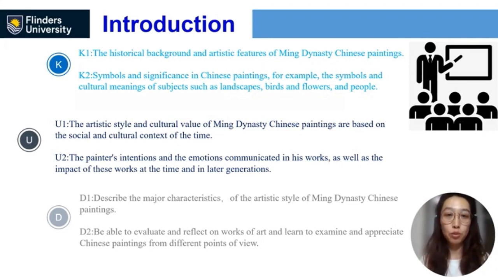The historical background and artist features of Ming Dynasty Chinese paintings. 2. Symbols and significance in Chinese paintings. For example, the symbols and cultural meanings of subjects such as land, space, birds and flowers, and people.